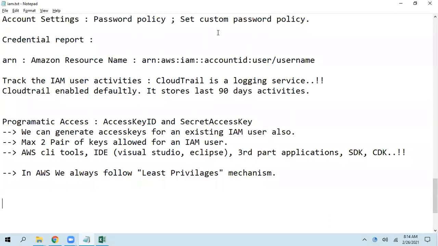And I have a couple of certification questions related to this. Give me a minute, I'll pick that. I have some questions.